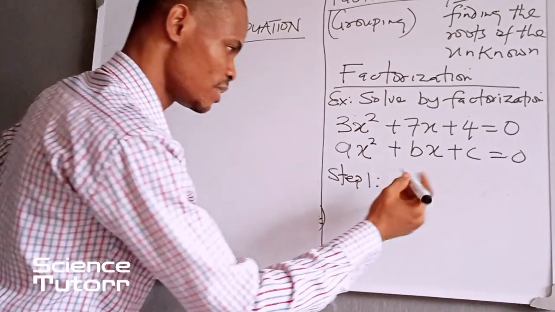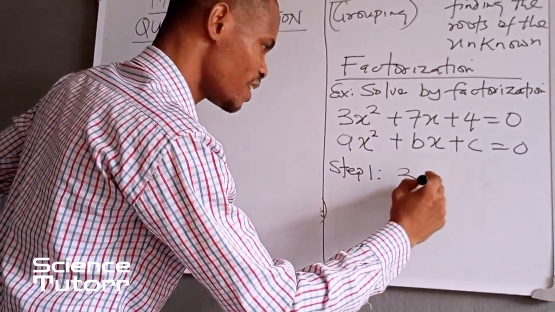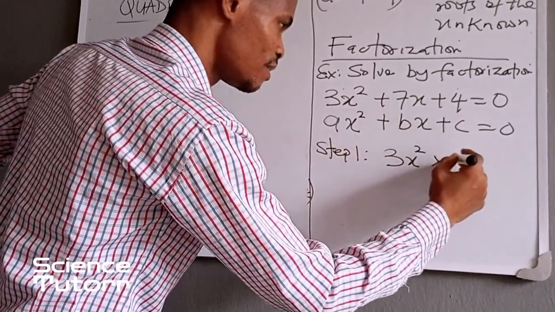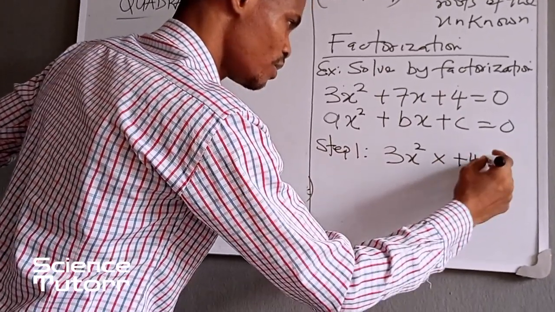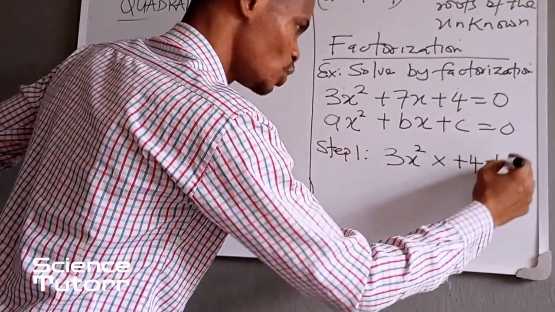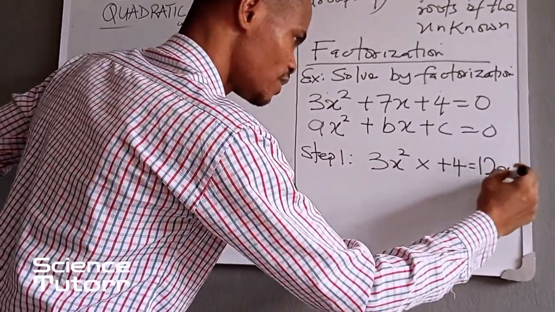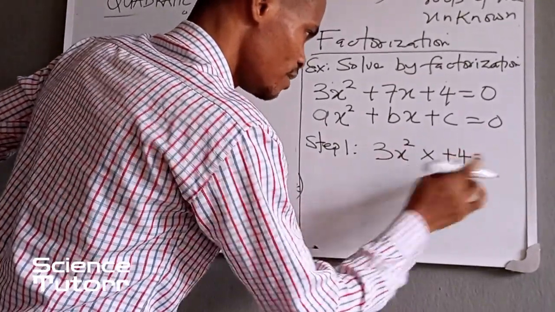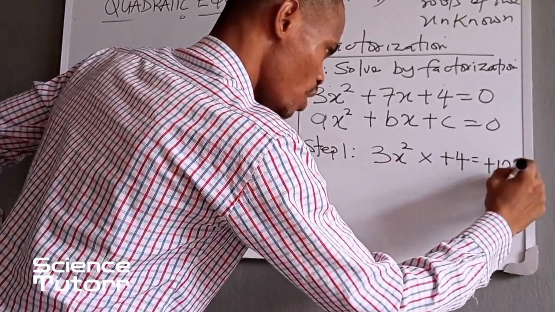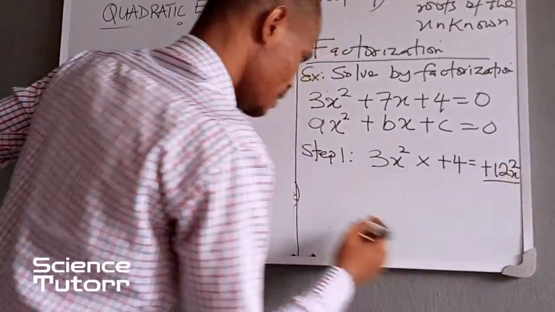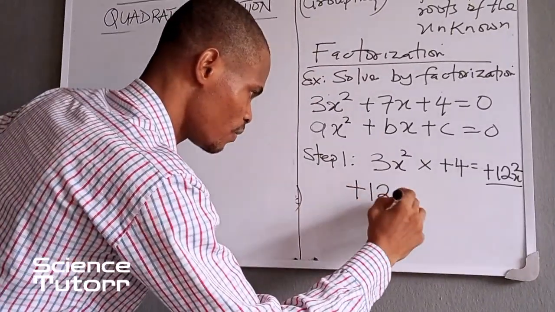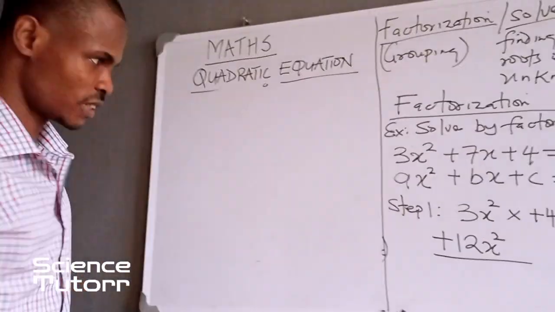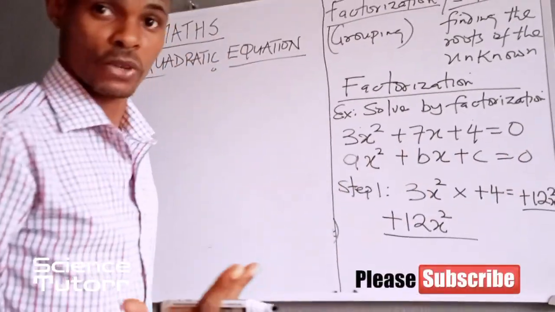That means I'll have 3x squared times plus 4, which gives 3 times 4 is 12, and then x squared. Remember, it is on the positive side. Plus 12x squared. The product of the first and the last term means multiplication.